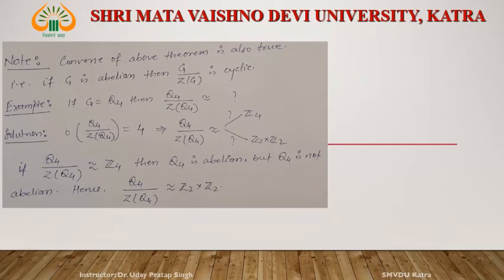It means, what is the converse? If G is abelian, then G/Z(G) is cyclic.